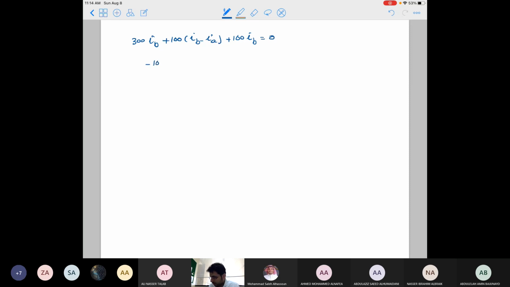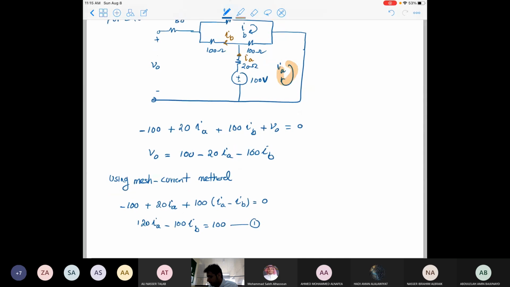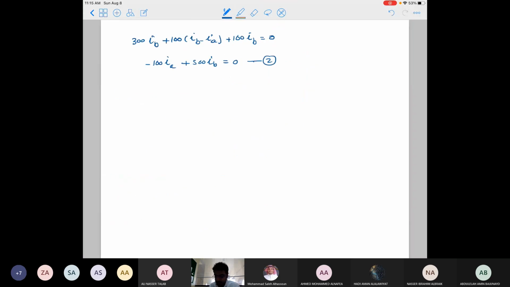So if you do this calculation, you get minus IA plus 500 IB equals 0. This is the second equation. You have two equations and two unknowns, so you can easily find the currents. IA is 1 ampere, and IB is 0.2 amperes.